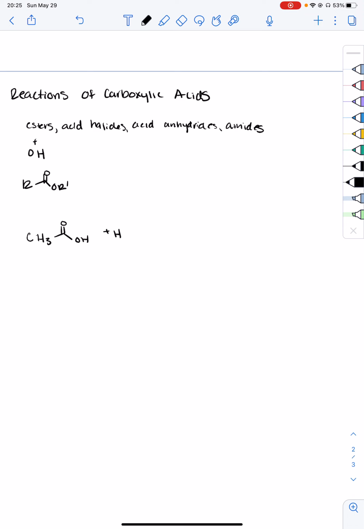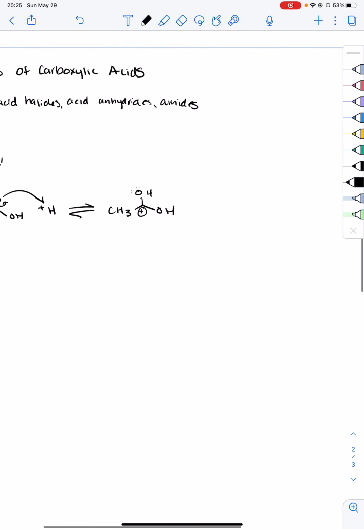The carboxyl carbon in the carboxylic acid is going to get protonated. We're going to see that right there. It's going to be in equilibrium with this. Then an alcohol molecule is added, so we're going to have a reagent such as this.